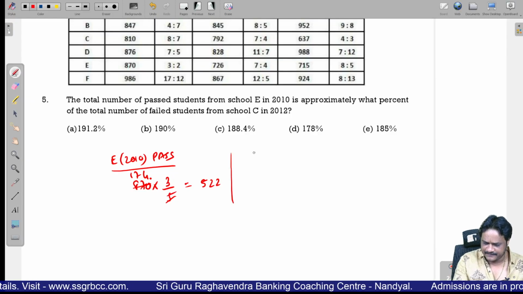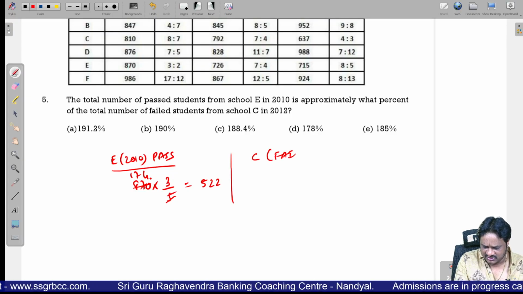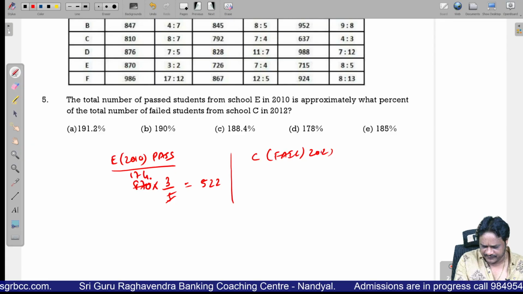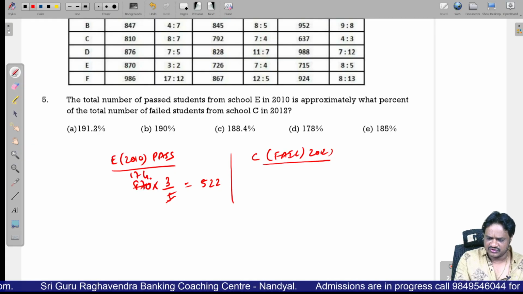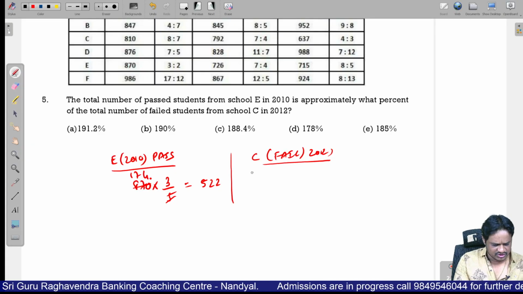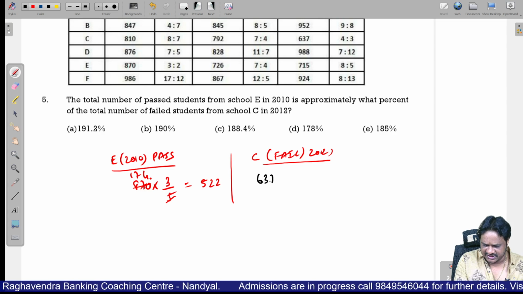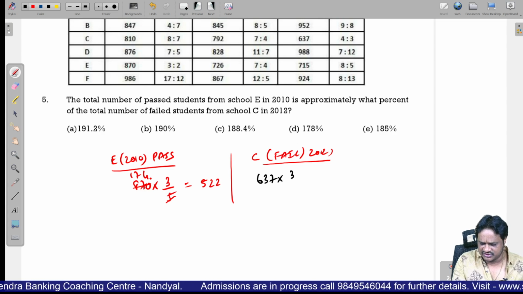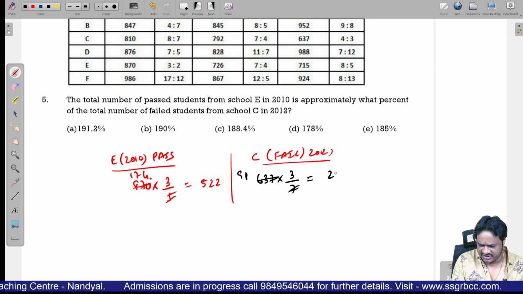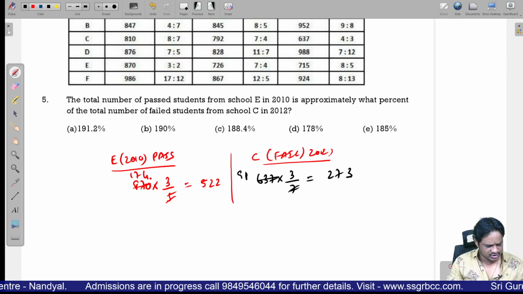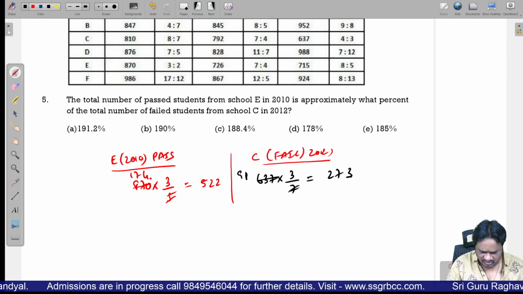Then C fail in 2012. In 2012, total students are 637. In this failed students are 3 by 7. 7 9s are 63, 7 ones. It is 273. Now what is our question?